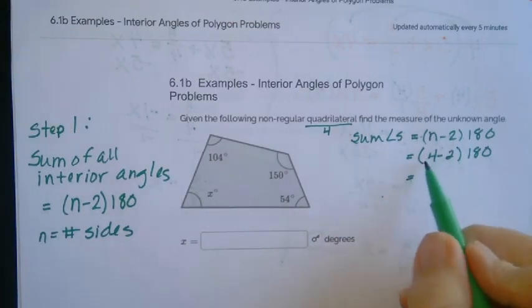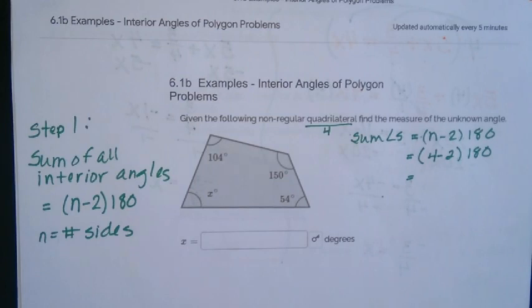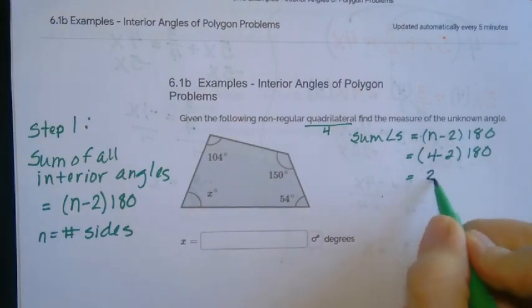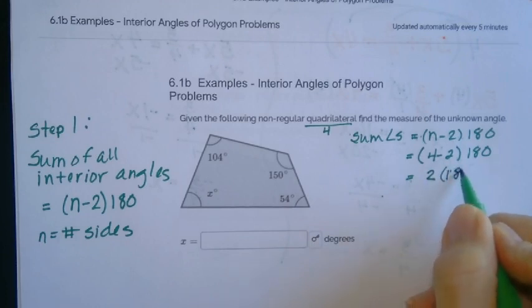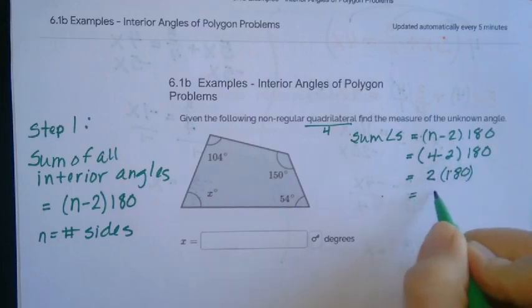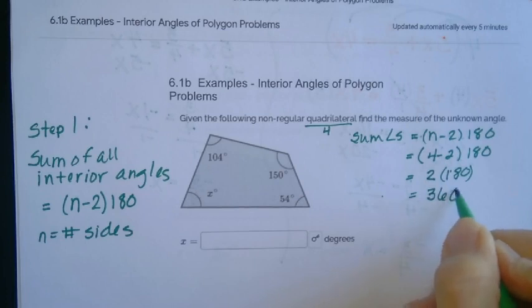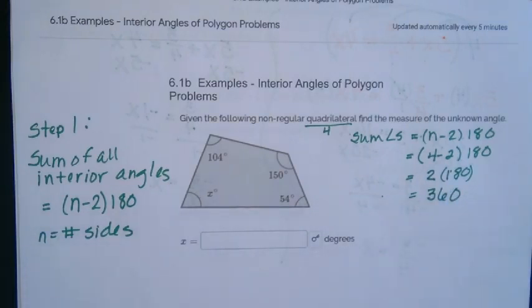Remember, do inside the parentheses first. So 4 minus 2 is 2. And then times 180 is 360. Does that say 4 minus 2? Yes, it does.